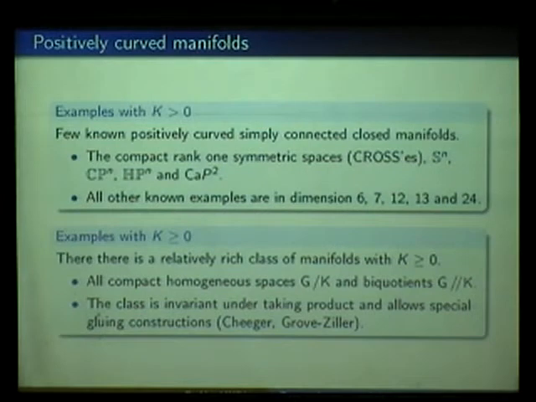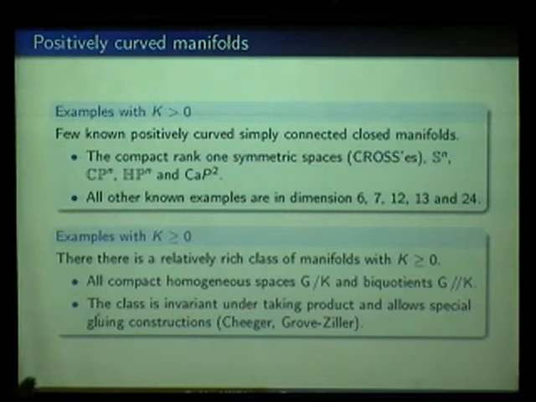And more generally, you can look at bi-quotients. So that's when the group doesn't just act from the left, but also from the right at the same time. As long as the action is free, you also get non-negative curvature on the quotient, right? So non-negative curvature is invariant under taking quotients by free isometric group actions, and that's why this is clear.